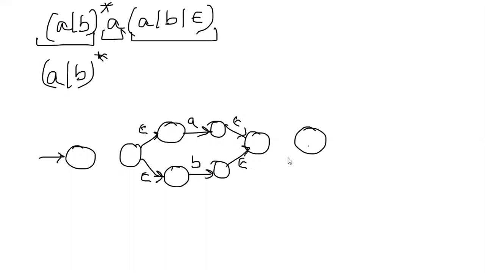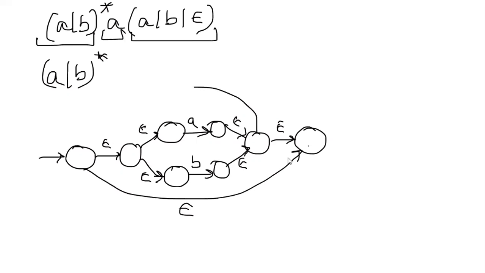So from here, I will connect this with the new states by epsilon. Then this is for 0 repetitions of A or B, and this is for at least 1 repetition of A or B. So what I have here now is our (A or B) star.